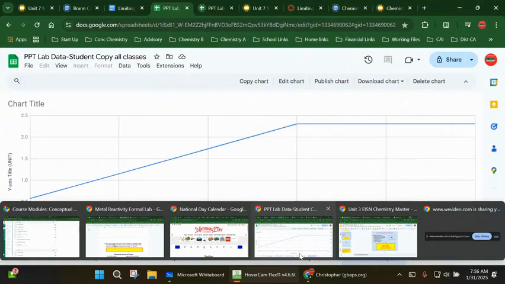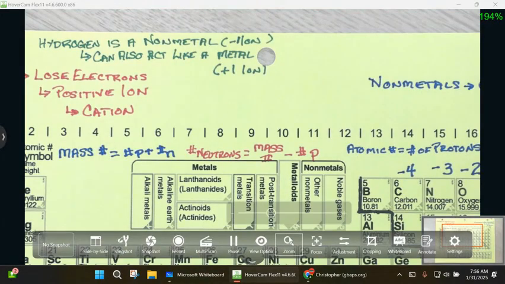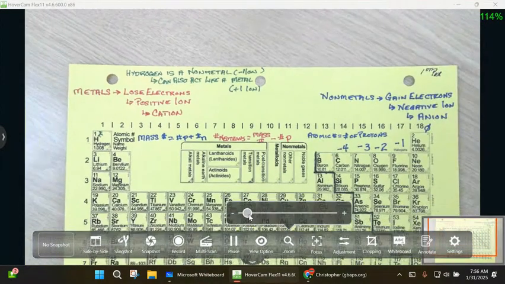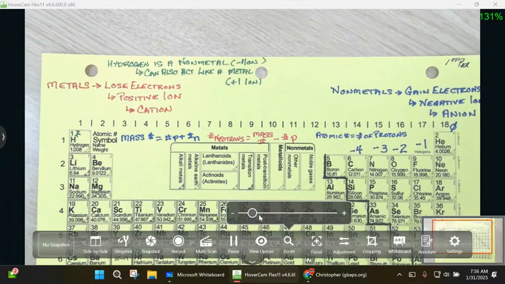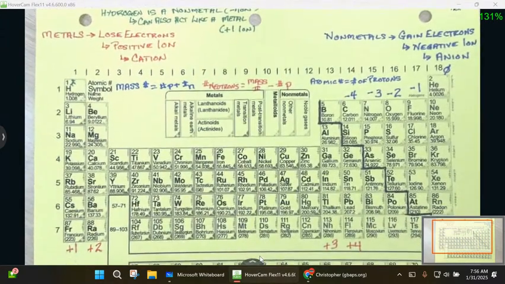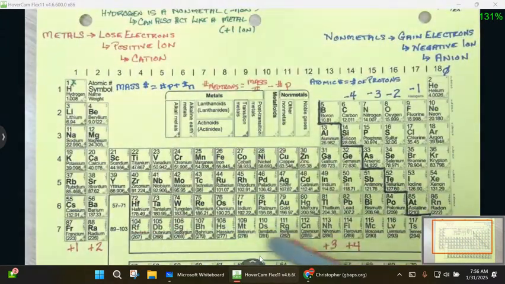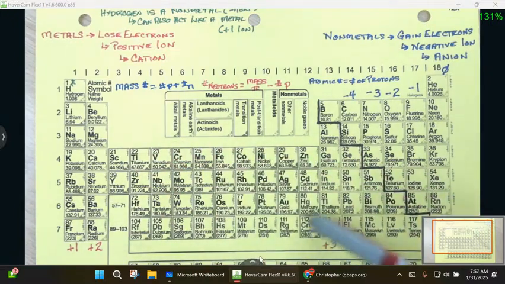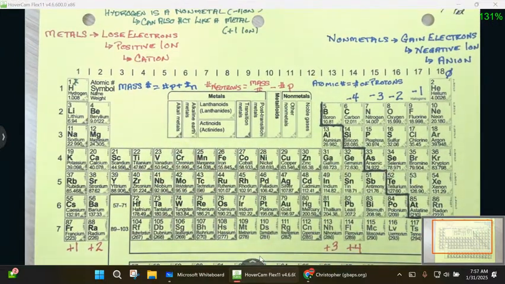All right, ladies and gentlemen. Let me zoom out a little bit. Now, the elements on the periodic table in this section right here, we didn't put any charges above or below them. The reason is it's not that easy to just predict their charge by where they're at.